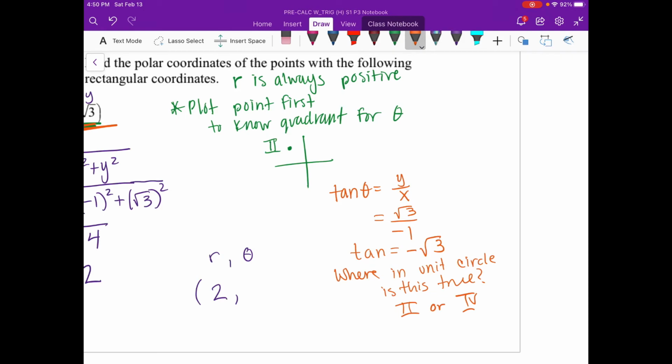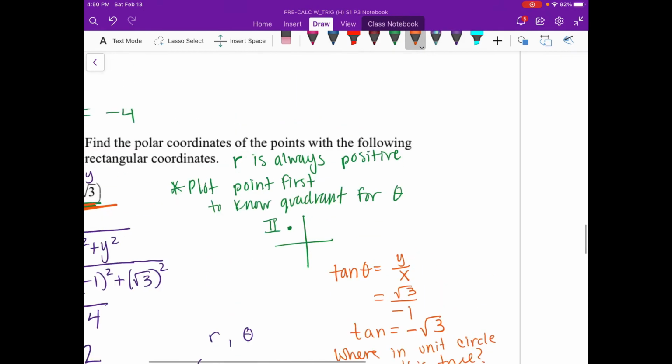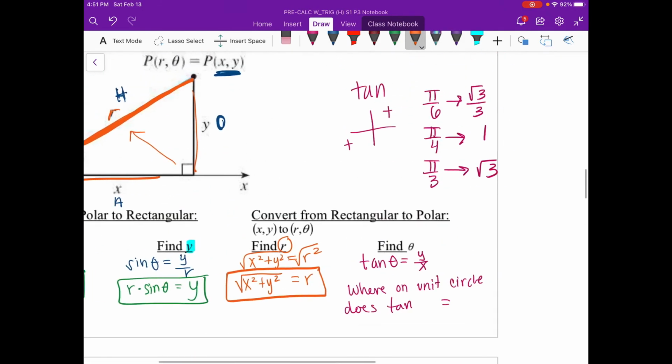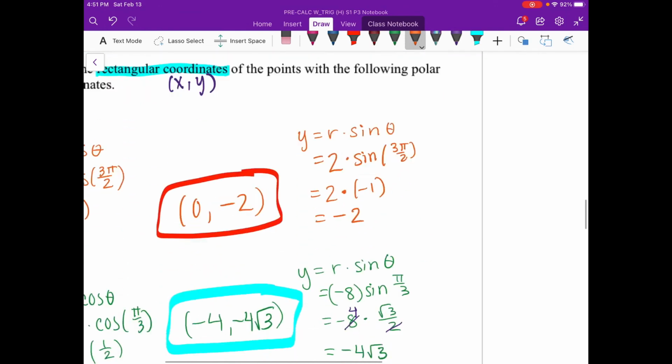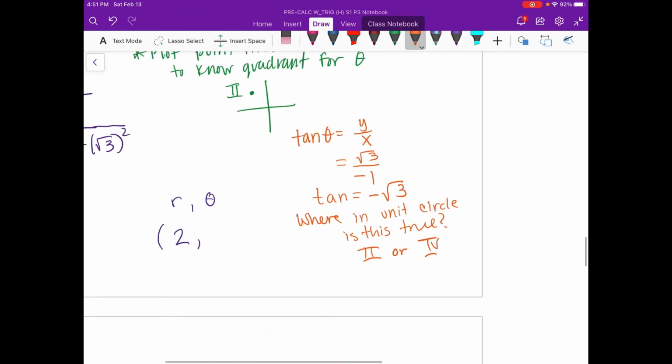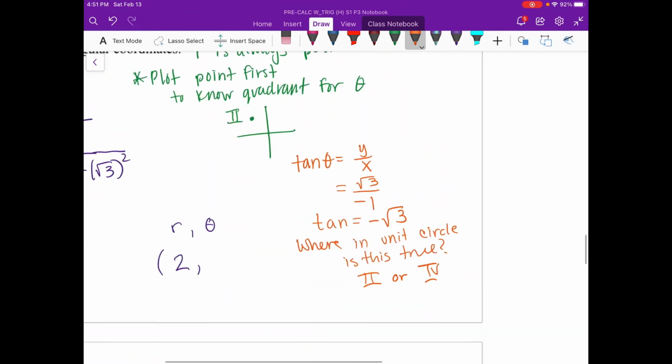All right, so think about your reference angle. We talked earlier, I told you that it would be helpful to memorize where these would fall. So if I look here, this is what I'm looking for. I'm looking for the square root of 3, and I'm looking for a pi over 3 reference angle, if you want to think of it that way. So tangent needs to be negative, so I know it's going to be in quadrant 2 or 4.